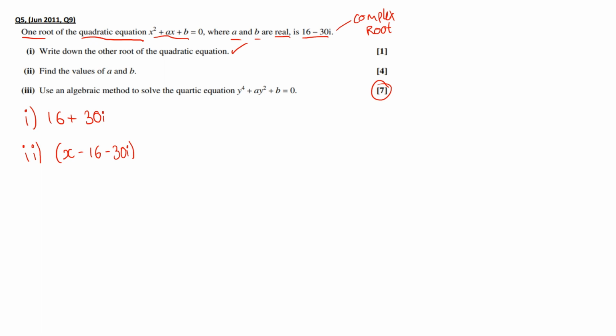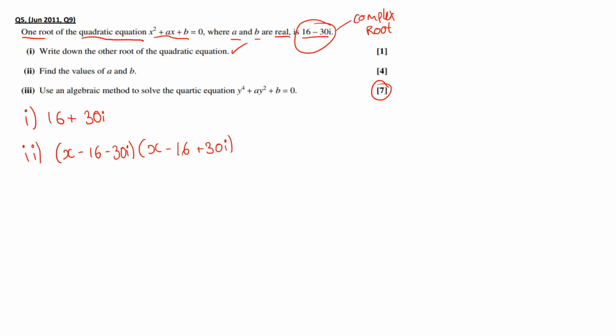That's going to make 0. And that's going to be times by, if we look at this root up here, x again minus 16, but then plus 30i. So that's our two brackets.